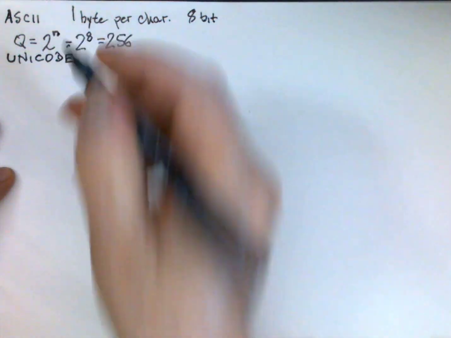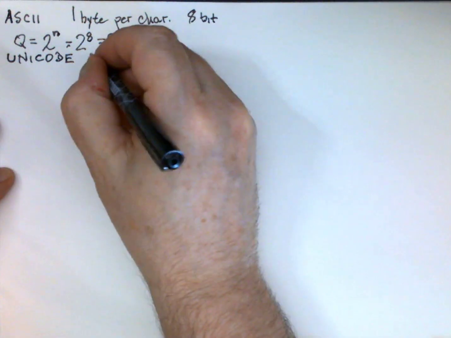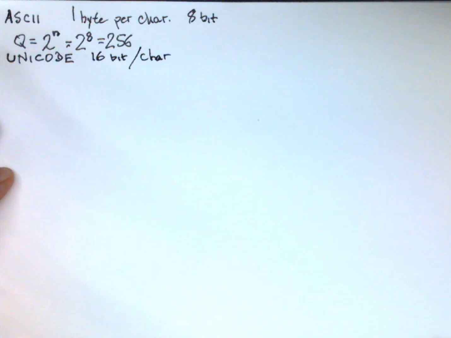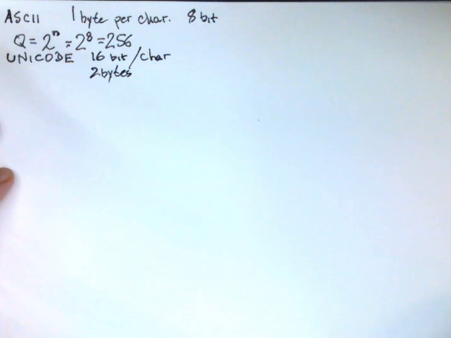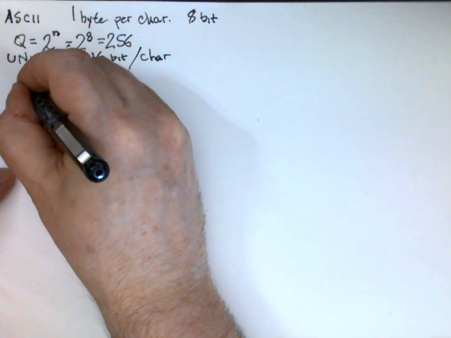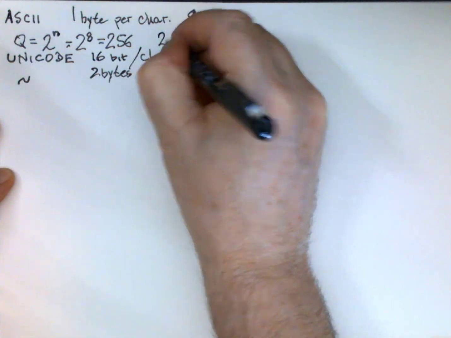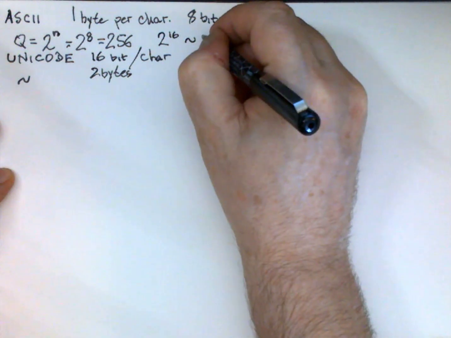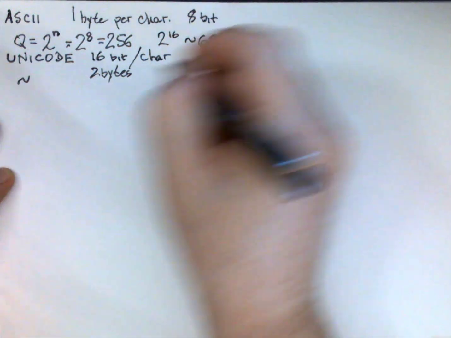Unicode is different from ASCII code and utilizes 16 bits per character. That means 2 bytes per character. And totally that will be, for 2 bytes, 2 in the power of 16, which is approximately 65,500.